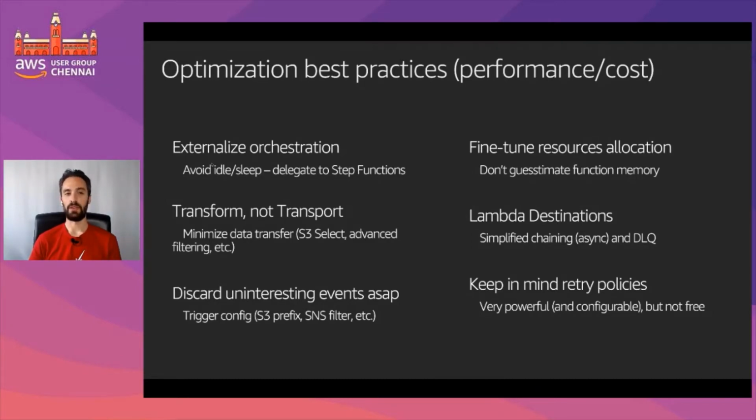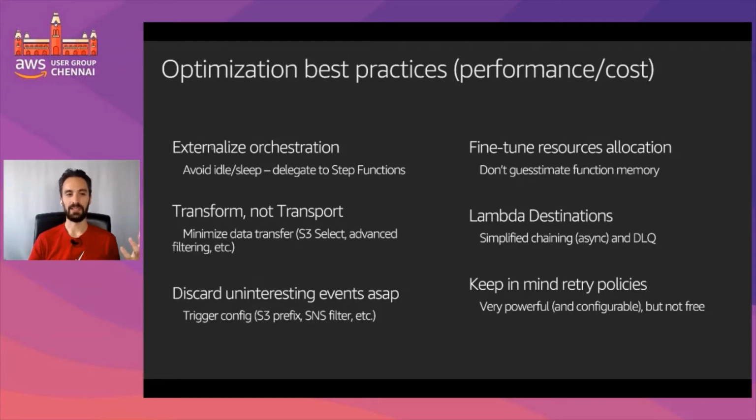For example, the first one, externalize orchestration. Imagine that all you're doing in your function is starting a task somewhere else in a service and then waiting and polling for 30 seconds until the task is over. This kind of orchestration is expensive if you do it on Lambda, because you are paying for idle. You don't want to pay for idle.